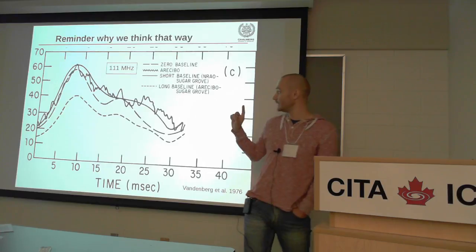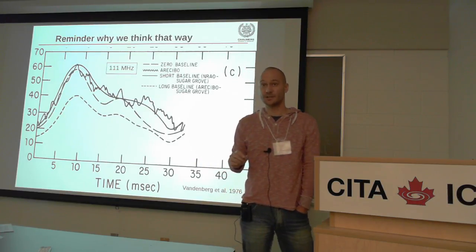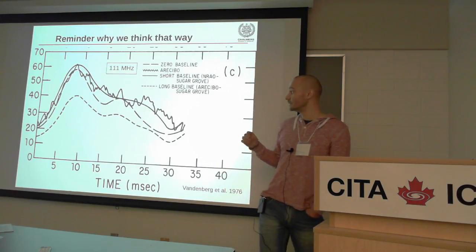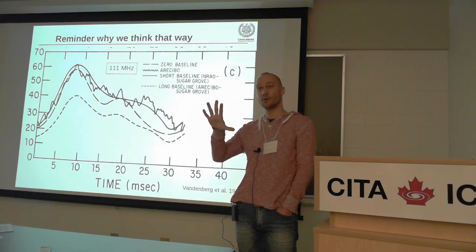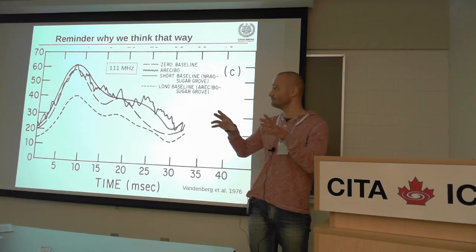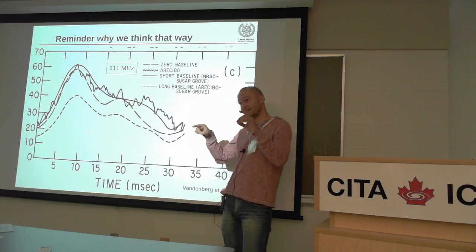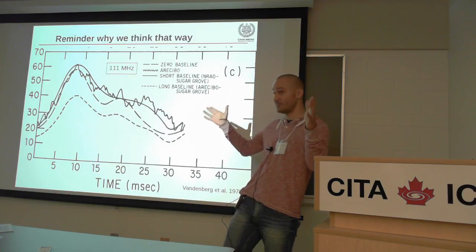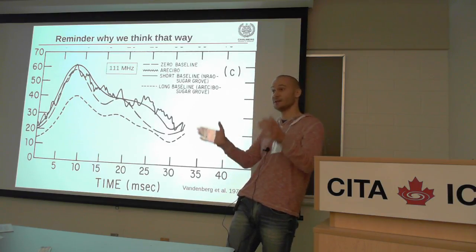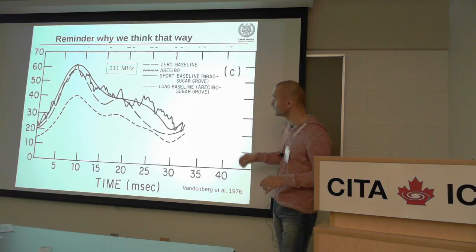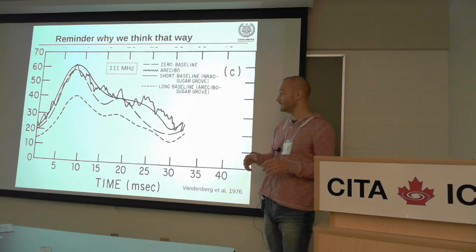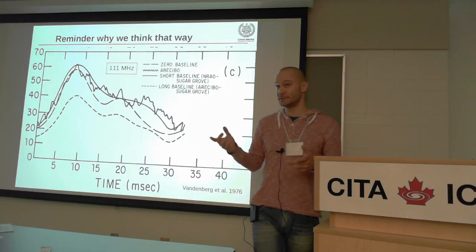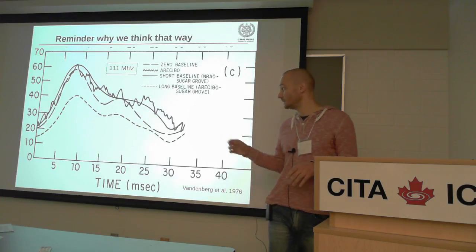If the angular broadening was actually induced by the interstellar screen, you'd expect the pulsar to grow, so you'd expect that at later phases of the scattering the pulsar is bigger, and so on the longer baselines you resolve it out and have a narrower pulse profile. So that's the main evidence why we say that the temporal broadening is in the nebula and not on the interstellar screen.